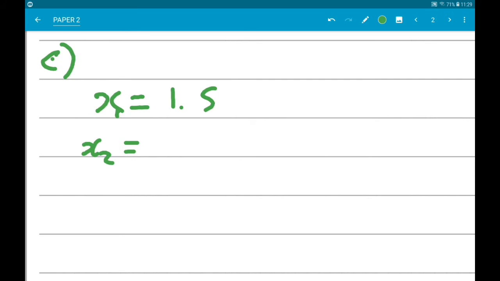Wherever there is an xn, press the ANS button down the bottom. So you want to put in 2 ans to the 1 minus ans. Press equals, and that will give you x2. So that is 1.633.